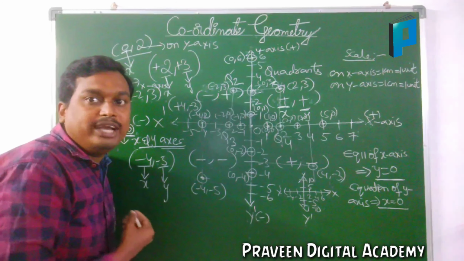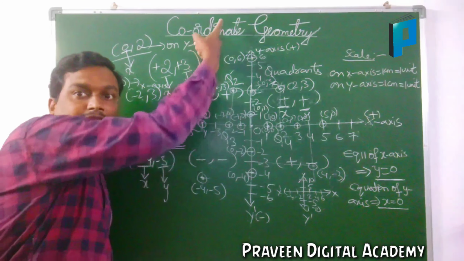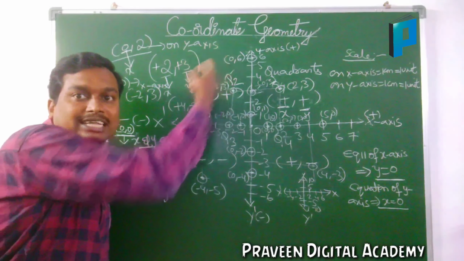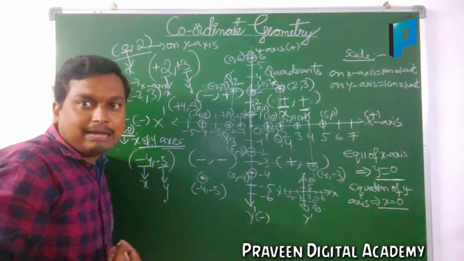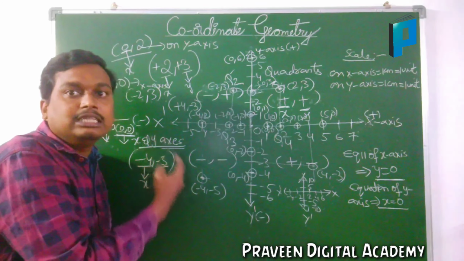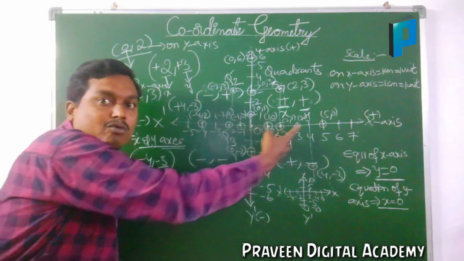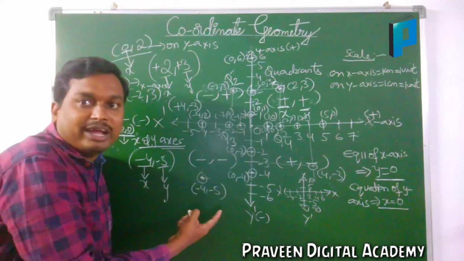In this video, we discussed that the synonym of x coordinate is abscissa. The synonym of y coordinate is called ordinate. The plural form of abscissa is abscissae. The plural form of ordinate is ordinates. The horizontal line is called the x axis and the vertical line is called the y axis.